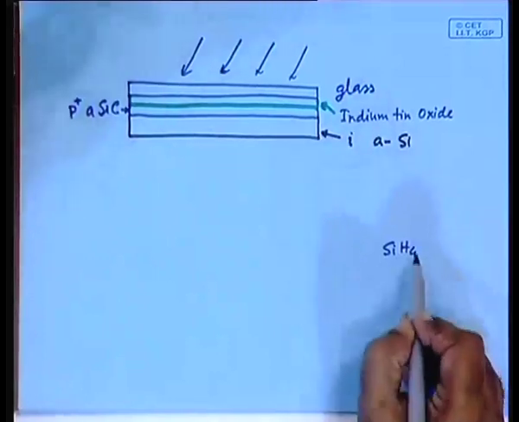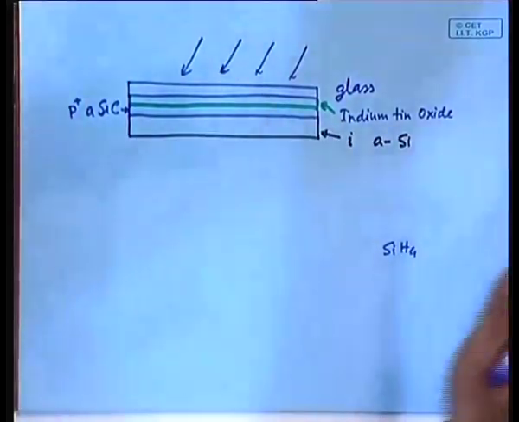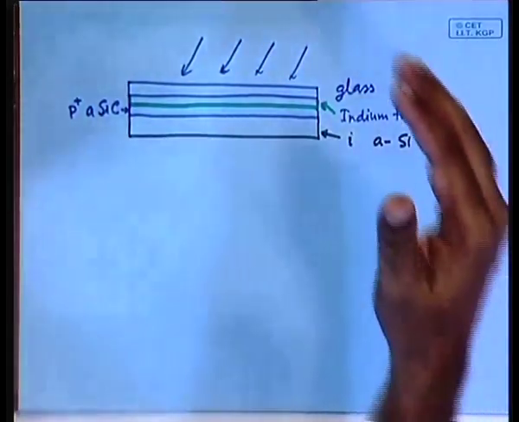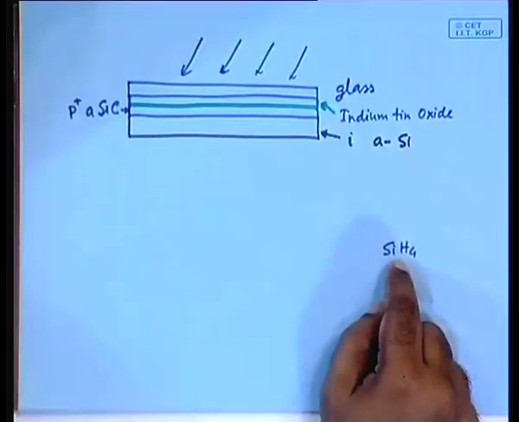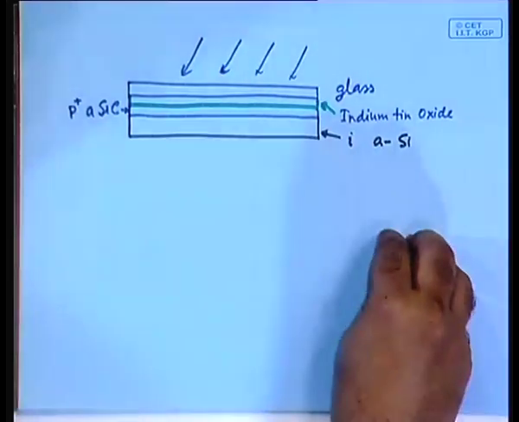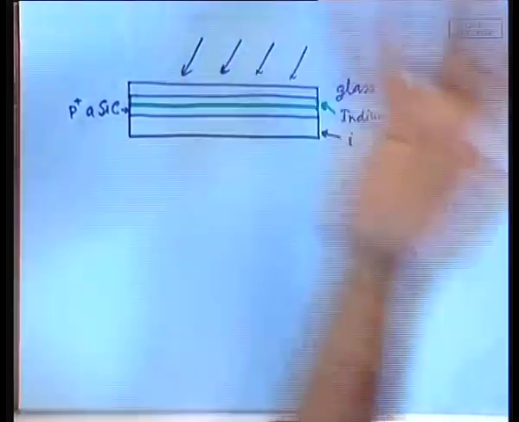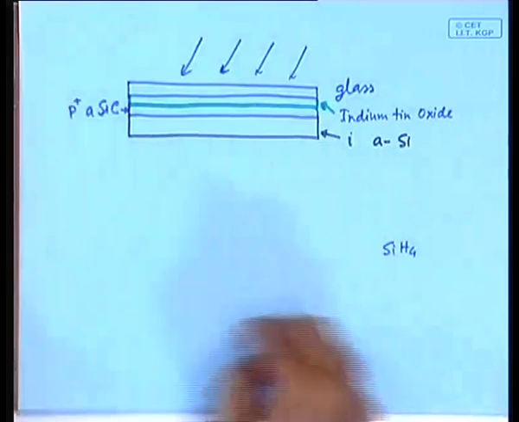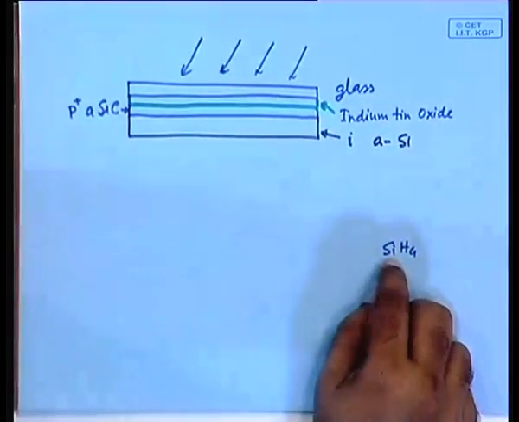So, first this gas is introduced in that chamber, and then it is broken up through electrical discharges. When it breaks up, you have got the silicon separated out, which deposits onto this glass.